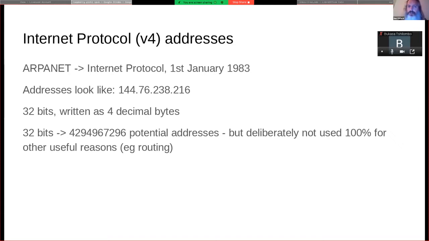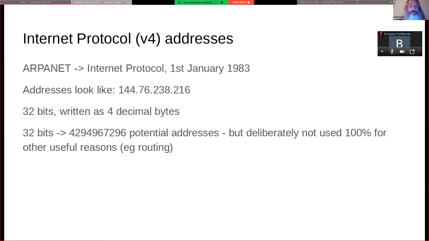The big scheme that's mostly used now is called IPv4. And that really went live in 1983 when there were about 1,000 hosts on the internet. And IP addresses for version 4 look like this: 4 numbers separated by dots. That's how they're written by humans usually.